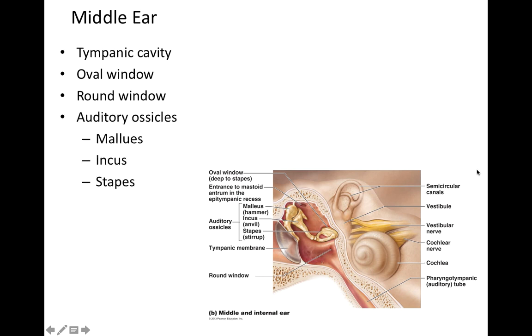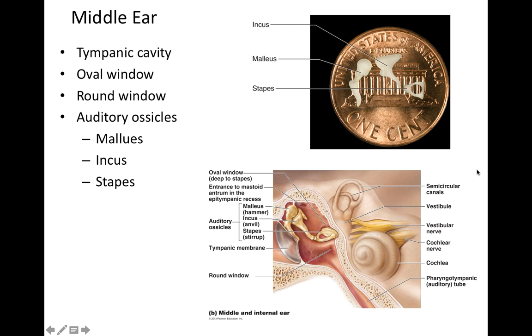This is where we're going to find our ossicles. So these are very, very small bones that are going to connect the tympanic membrane to the oval window. You've got the malleus, the incus, and the stapes. And you can see they are very tiny, but they are bones. They have all the characteristics of skeletal tissue that we talked about before.